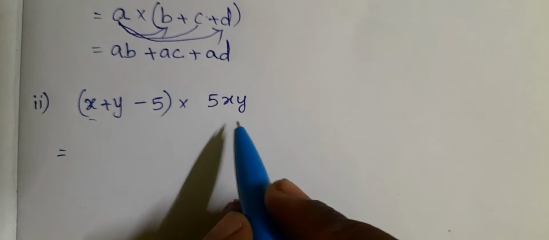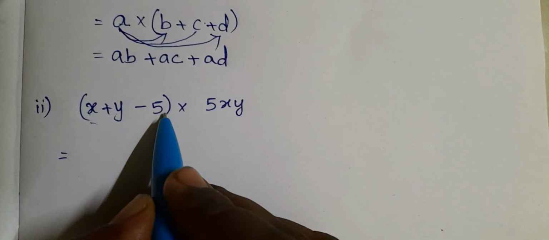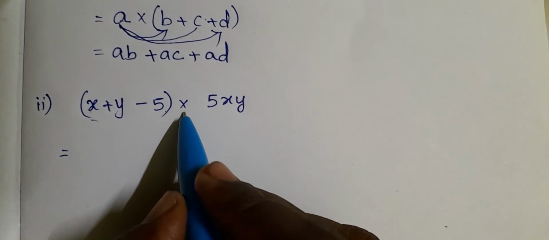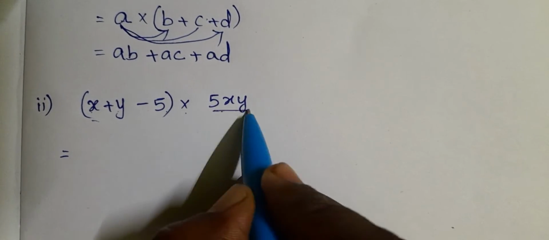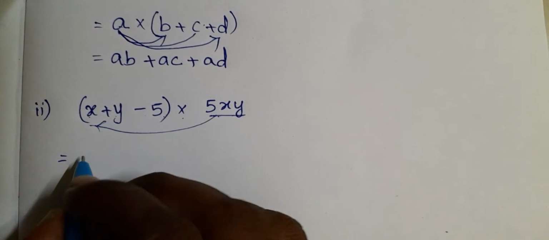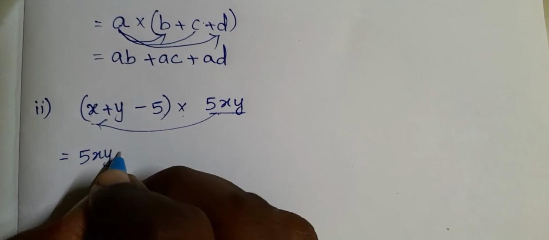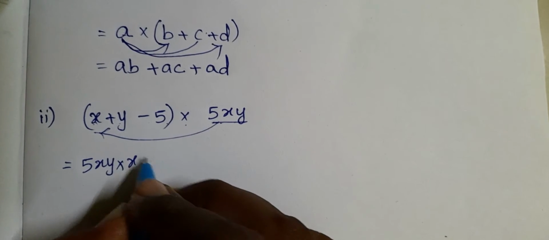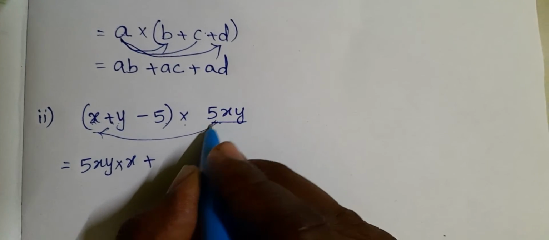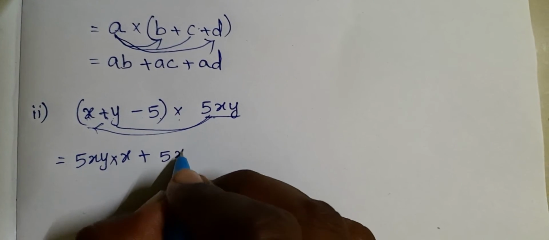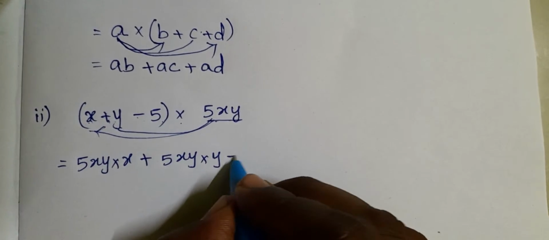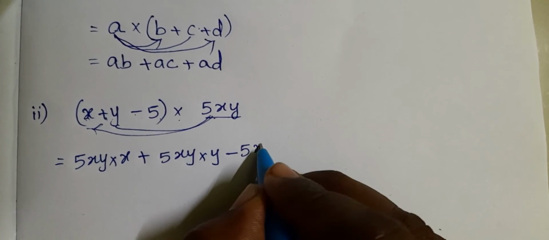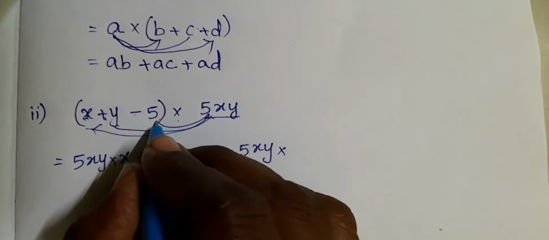Second question: x plus y minus 5 is a trinomial. With that we are going to multiply the monomial, that is 5xy. With the 5xy into x, plus again 5xy into y, minus 5xy into 5.